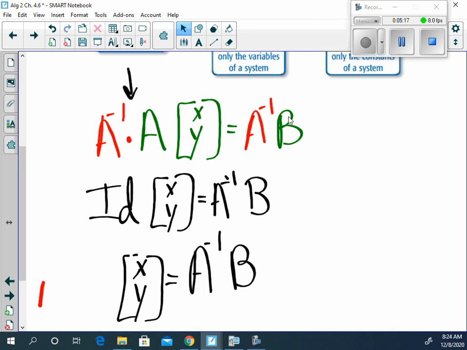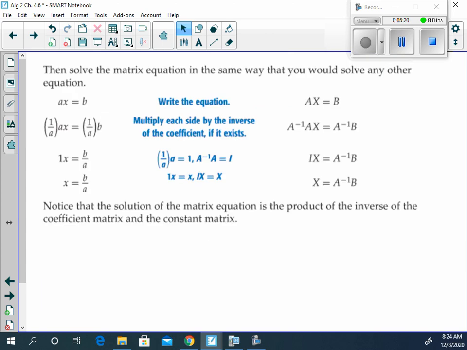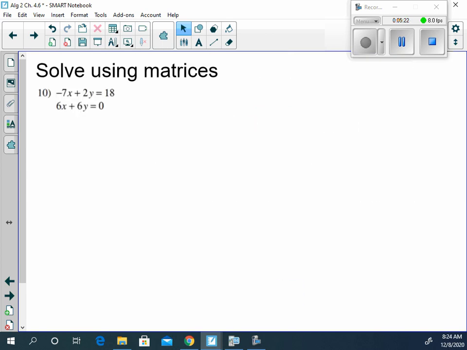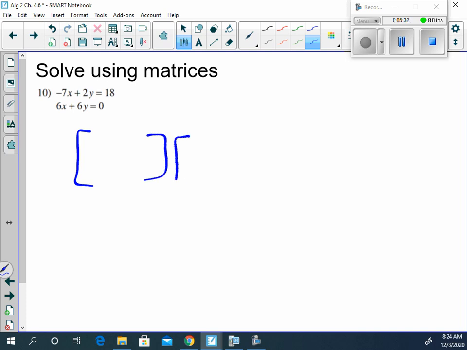So let's actually look at a problem. This is going to make more sense when we look at it. So we're going to solve this system using matrices. Now the way we set this up is we're going to have a matrix times xy is equal to our matrix.